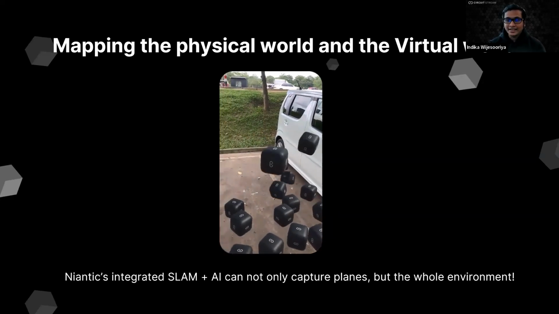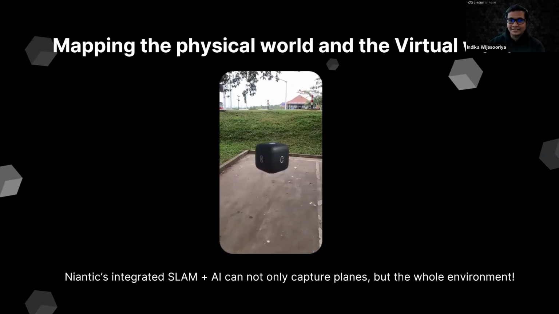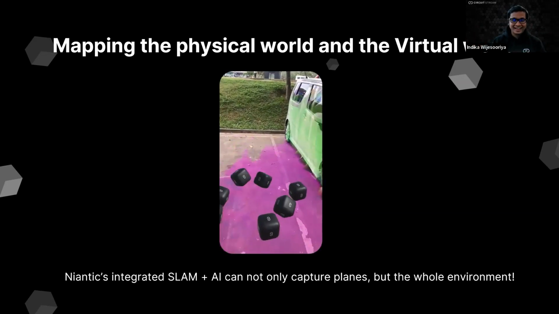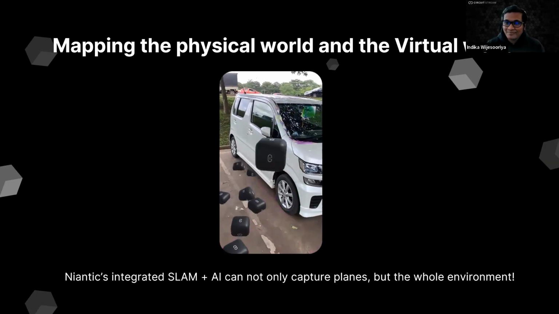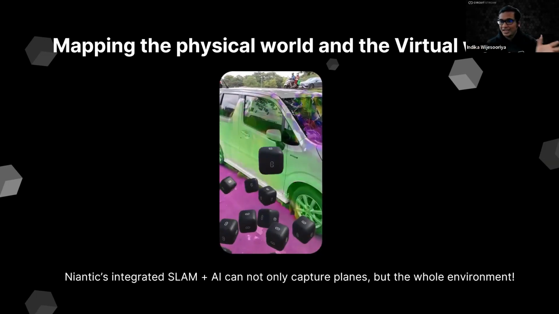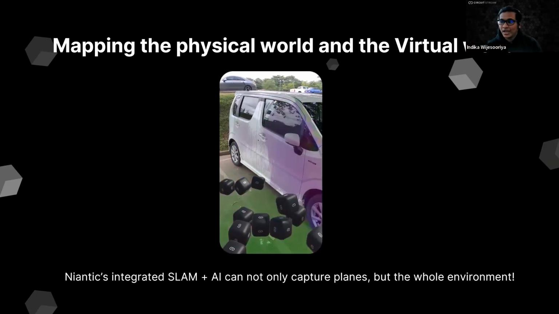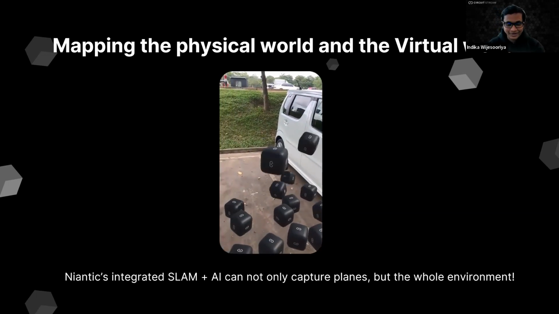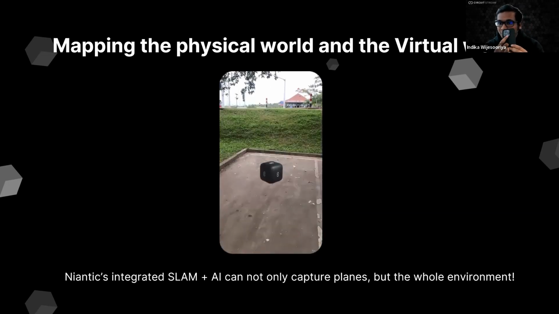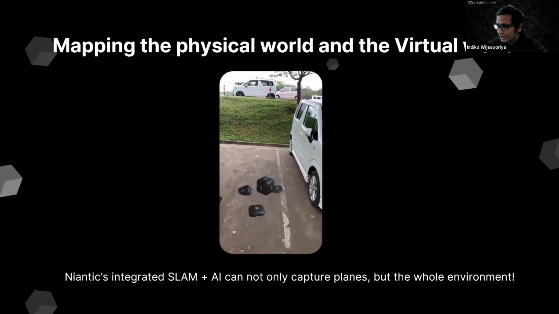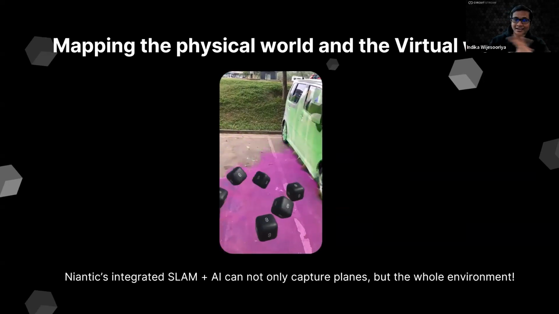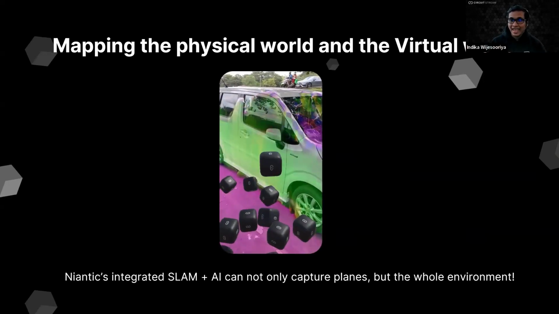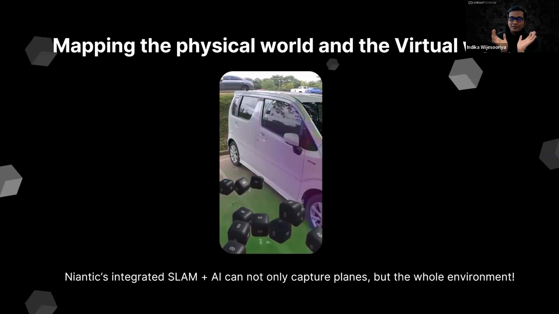What it does is Niantic has this simultaneous localization and mapping, which we basically say SLAM, right? On top of that, we have some artificial intelligence going on to capture the world without a LiDAR sensor, right? If you have a phone like this, you have this small LiDAR sensor that captures the world around you, but Niantic's ARDK and 8Vol have the capability to mesh the whole world around and create this 3D mesh, which is kind of fascinating.